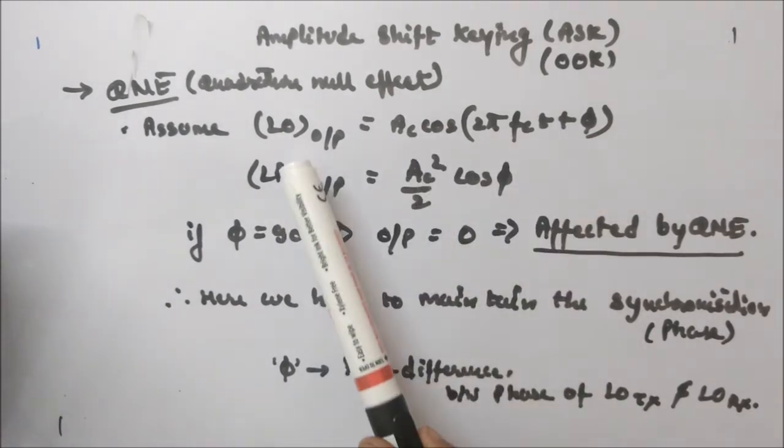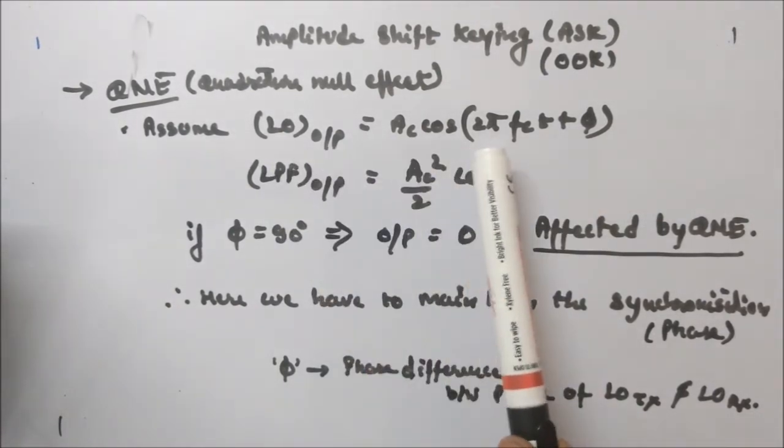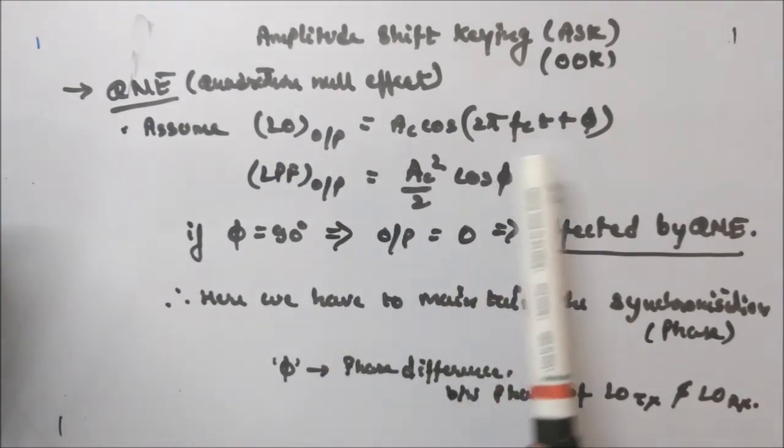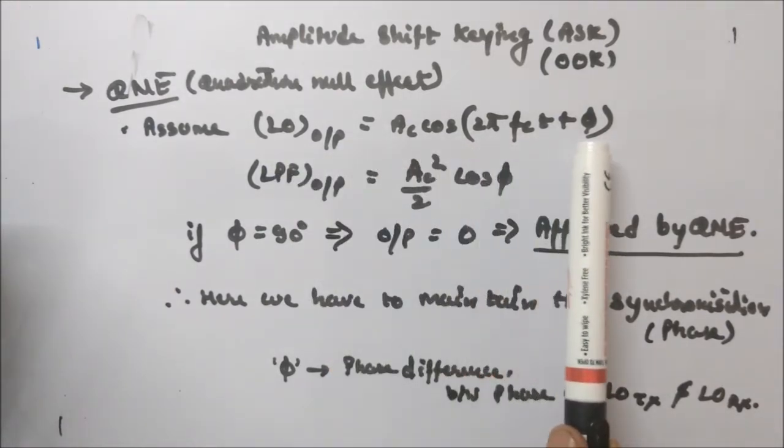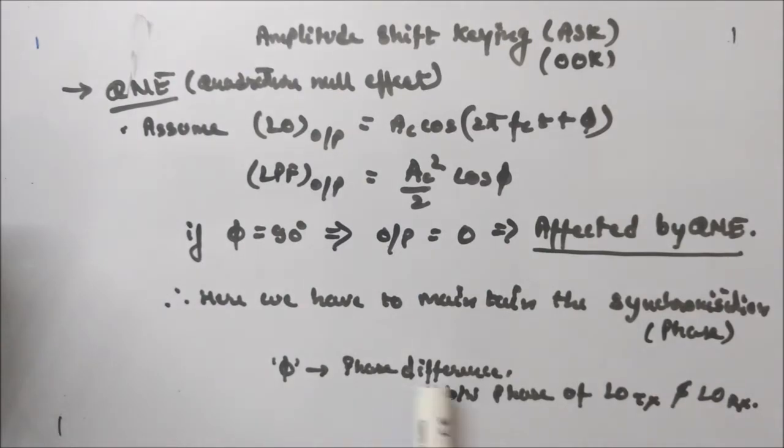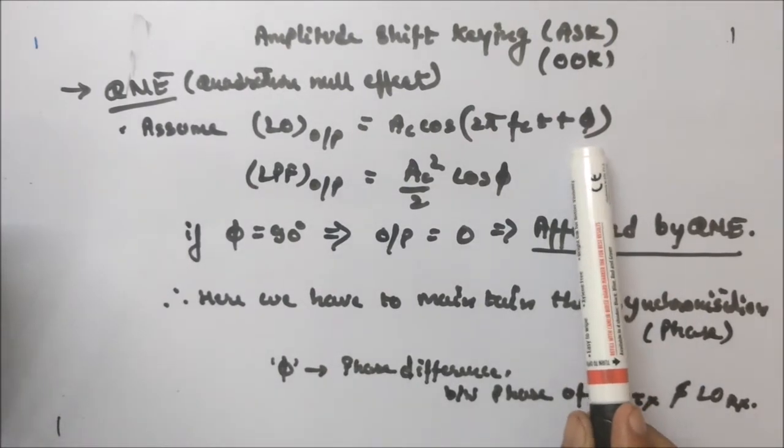Let's say instead of AC cos 2 pi FCT, your local oscillator output is AC cos 2 pi FCT plus phi, where phi is the phase difference between the local oscillator of the transmitter and the local oscillator of the receiver. Those will have two phases. The phase difference is represented by phi.